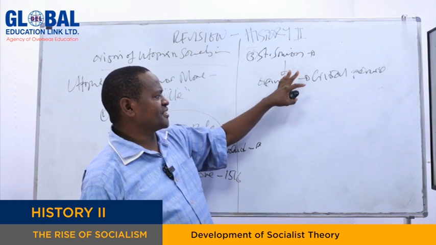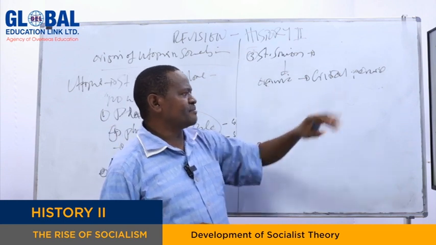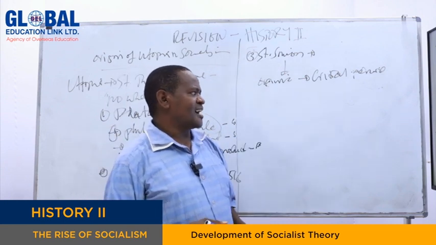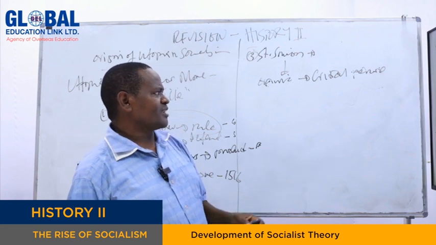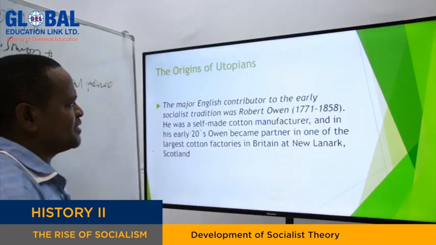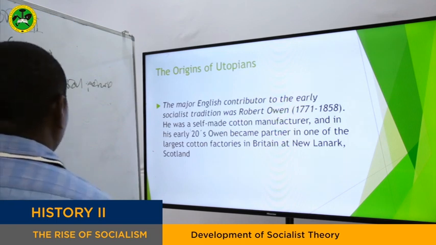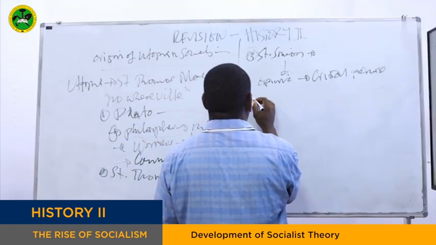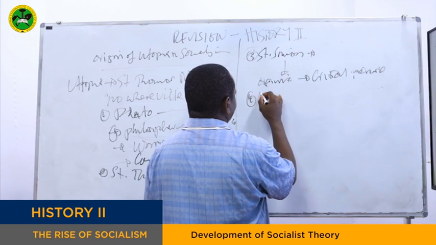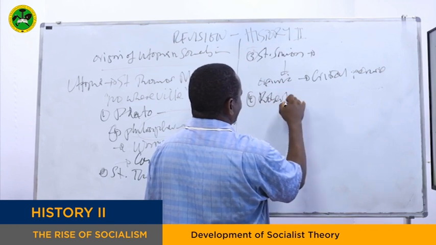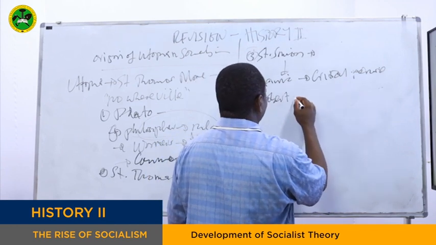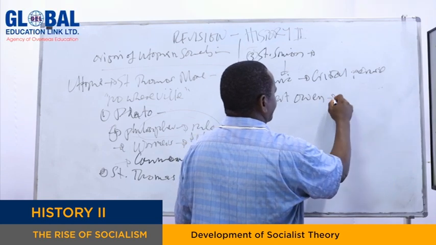So again, this is another area where we can trace the beginning of this utopian idea. Another area where we can trace the origin of utopians is a man called Robert Owen. Probably, my dear students, this is the most common utopian socialist, Robert Owen.